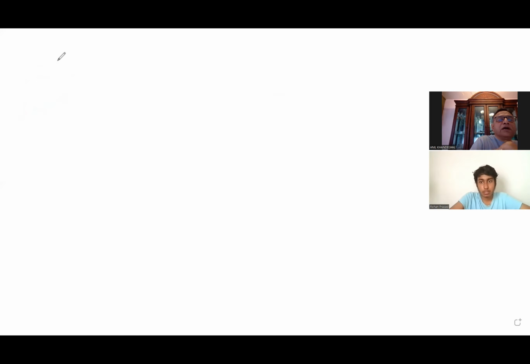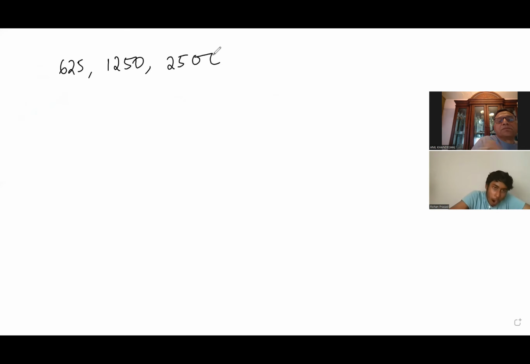So here is one. We have the numbers 625, 1250, 2500. So I'm saying this is a geometric sequence, right? Now for this geometric sequence, can you write down the general term?